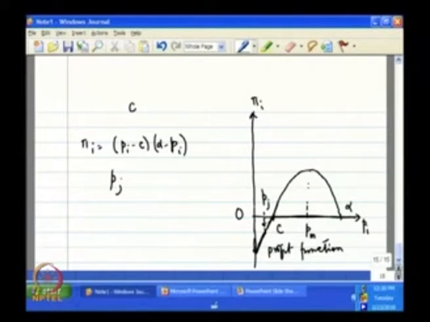If my price is just equal to Pj, I get half of the market given by this point. If my price is higher than Pj, I get profit represented by the horizontal axis. In that case, what should I do? The ideal thing for me to do will be charging a price strictly greater than Pj, but that price can be any price, it does not matter what price it is.